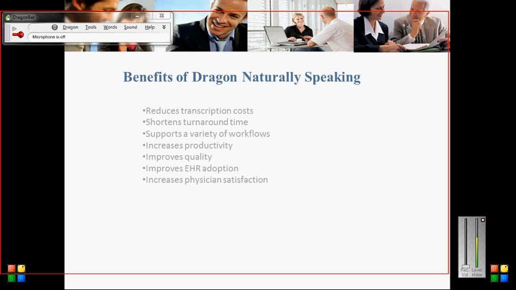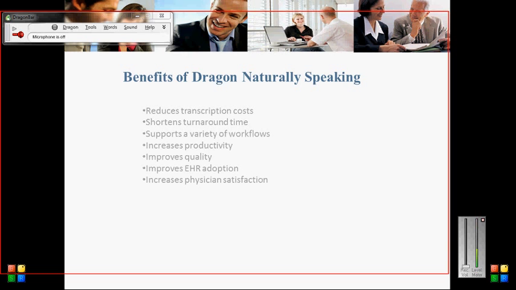And of course, that being said, it increases productivity because if, for example, a doctor or a provider is more adept at dictation, they prefer dictating, especially the more senior doctors. They prefer to do dictations over typing. And one thing about dictation, and this probably works for everybody, is that when you speak, you actually speak faster than you type.